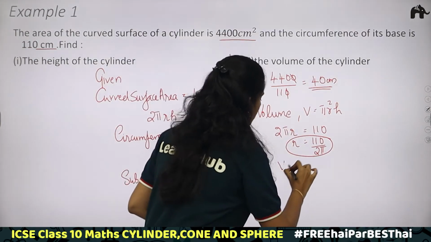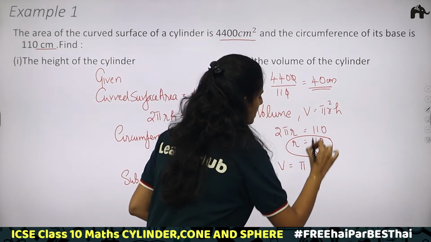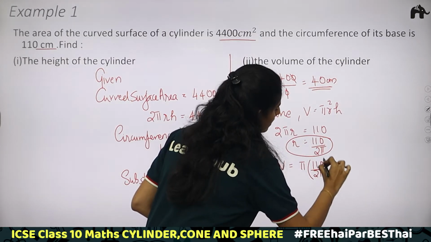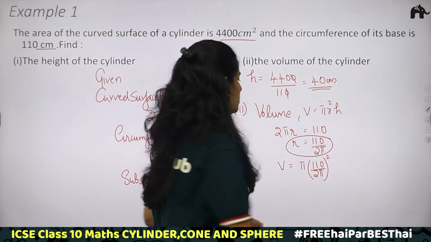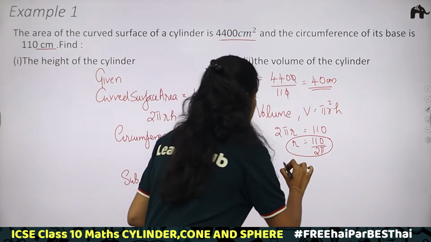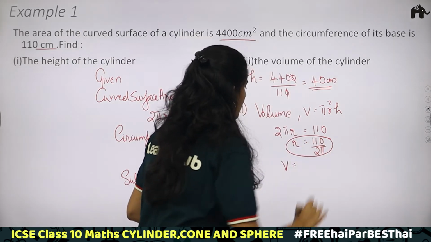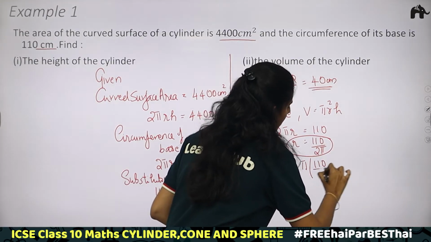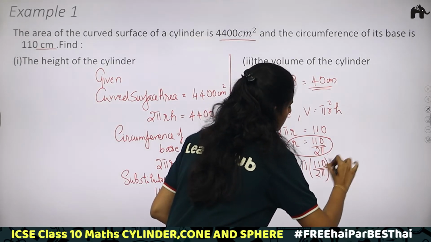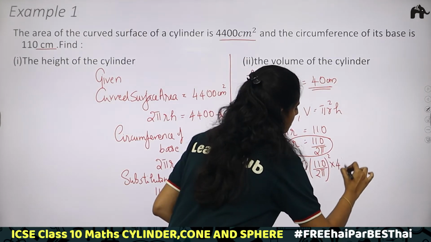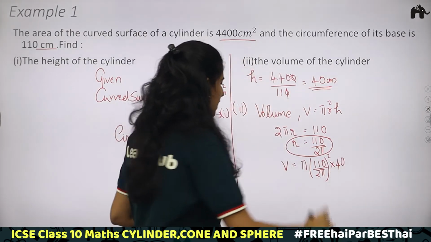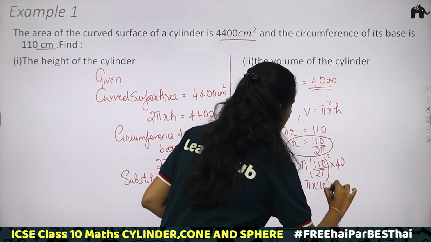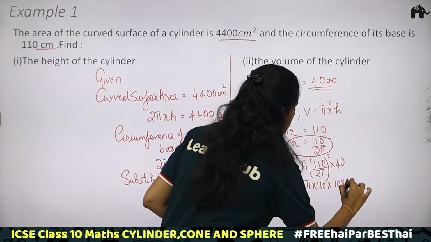Now volume will be equal to pi r square. r square is 110 divided by 2 pi whole square, into h, which we have determined as 40. Therefore, V is equal to pi into 110 into 110 into 40.